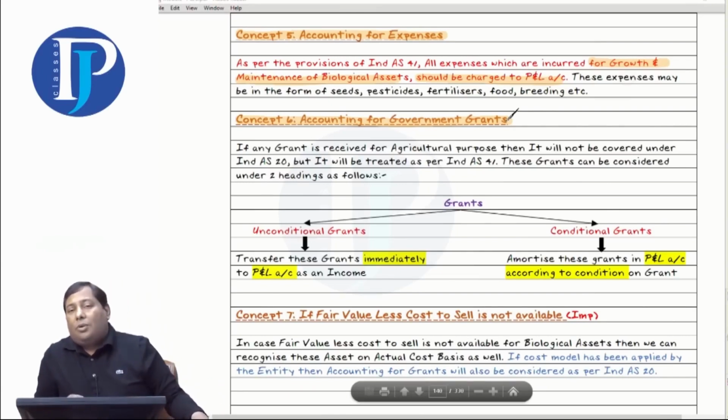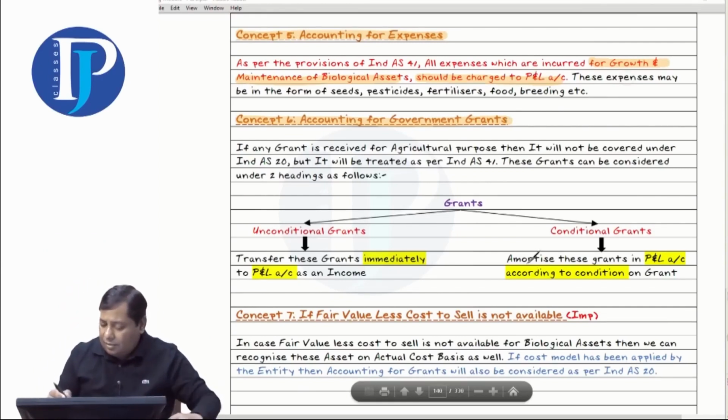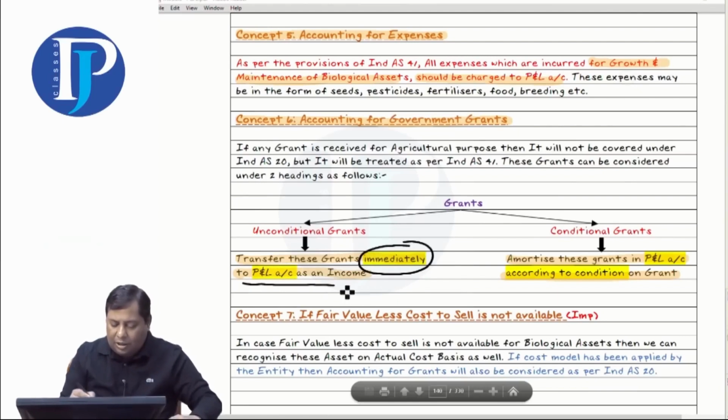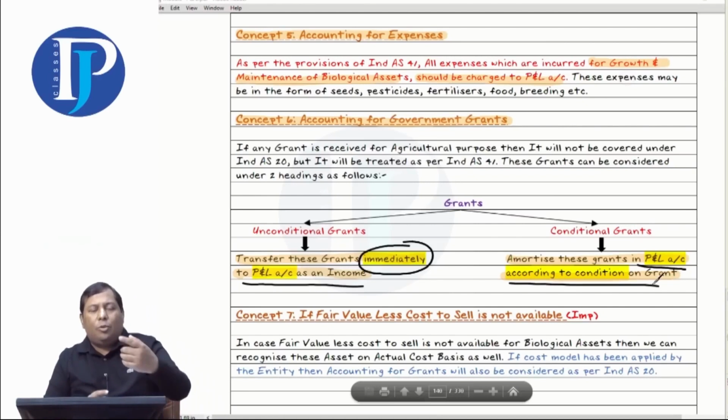And if you receive a grant with conditions, you should amortize it according to the conditions. Amortize these grants to P&L according to the conditions. And if there is no condition, you can quickly put it in P&L. You've studied this in Ind AS 20, how to amortize and enter in P&L. Accounting is the same.